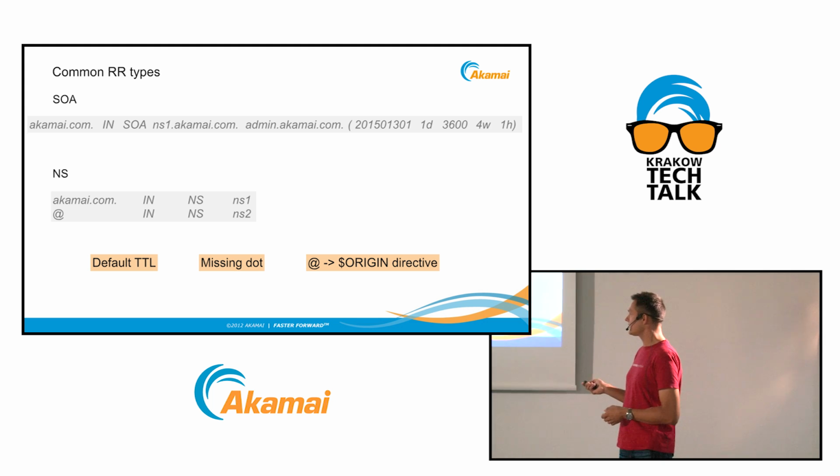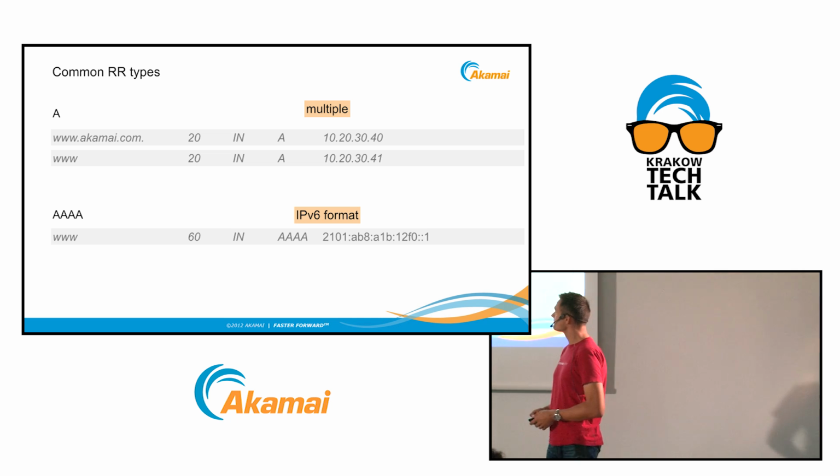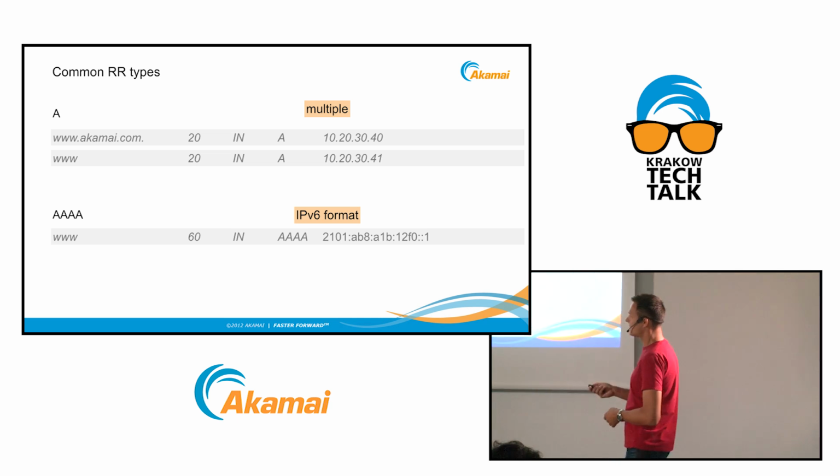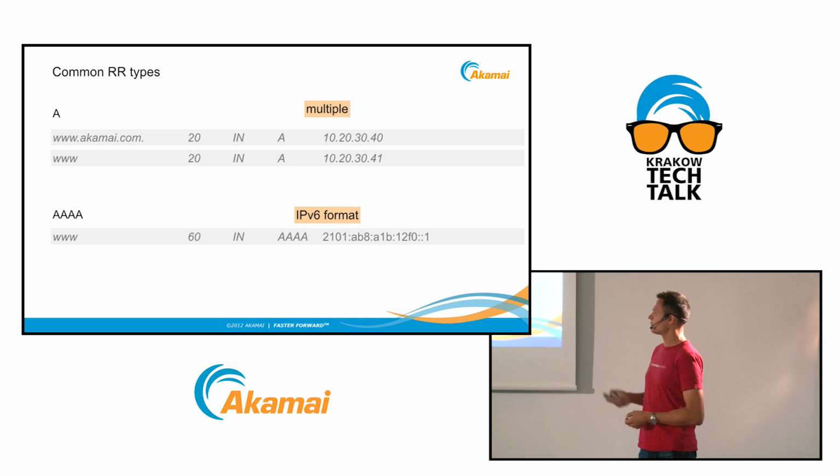So you see that a directive, in that case origin, has some other meanings, can be processed somehow, and is used in different places. A record. Again, hostname part, domain name, time to live, which is 20 seconds right now, class, type, and finally the IP address we are looking for. Similar one for IPv6 format.